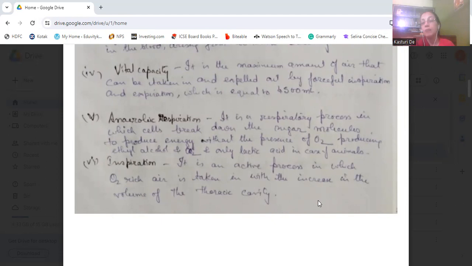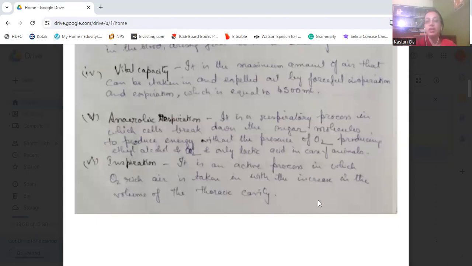Ethyl alcohol and carbon dioxide in general. But in case of animals, if we consider only animals, then only lactic acid is produced. In humans, we can find it in the muscle cells, where anaerobic respiration takes place.